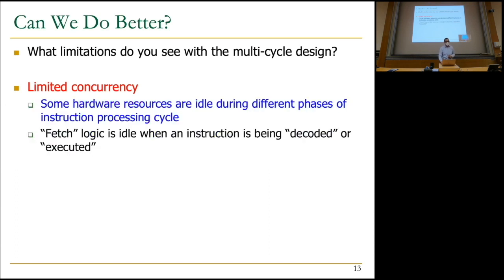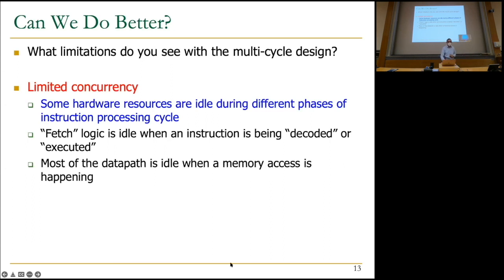For example, when an instruction is being decoded, fetch logic is idle. When an instruction is being executed, decode logic and fetch logic are idle. So you have these hardware resources, but you're not using them. An instruction is going through the hardware resources in different cycles, and a lot of the hardware resources are idle, essentially. For example, most of the data path is idle when a memory access is happening, right?